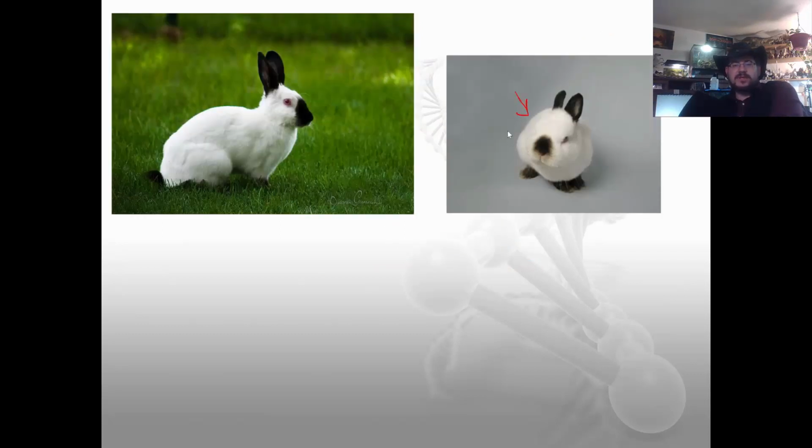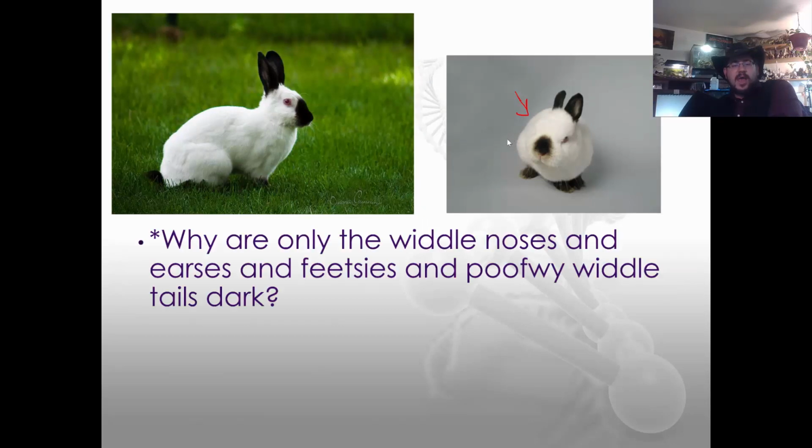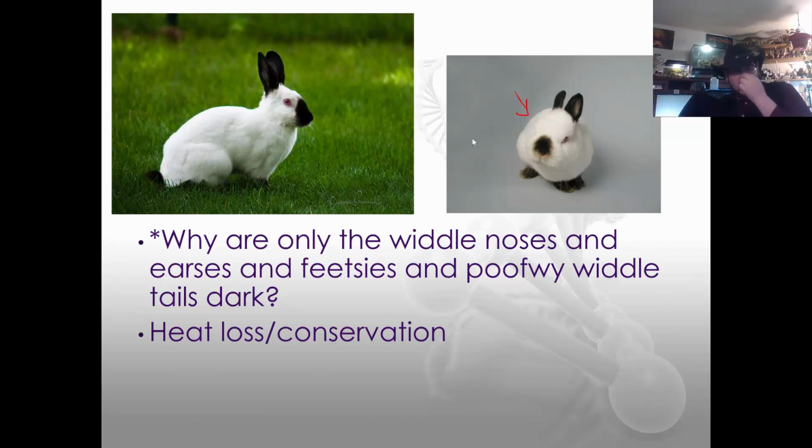This is my favorite picture because it's so cute. And we can see that only the widdle noses and ears and feetsies and poofy little tails are dark. And this is all about heat loss and conservation of heat, right? Because we know that if you have a car with a black interior on a summer day and you forget to crack the windows, your car is basically a lava pit.